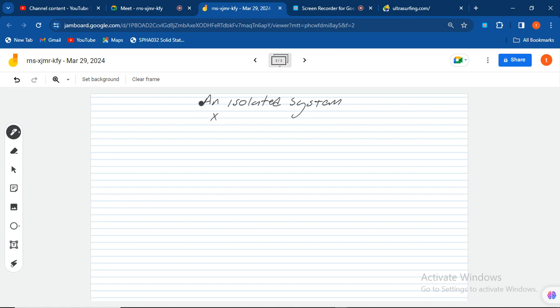An isolated system is a system where neither energy, which is heat, nor matter, which is mass, is exchanged with the surrounding.